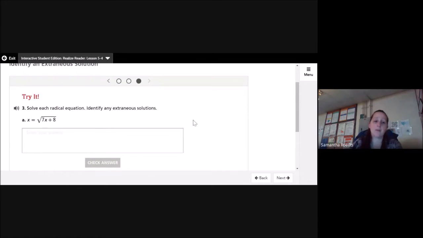So let's try it. Solve each radical equation, identify any extraneous solutions. The first thing I need to do is square both sides. So x squared equals the square root of 7x plus 8, squared. So x squared equals 7x plus 8.